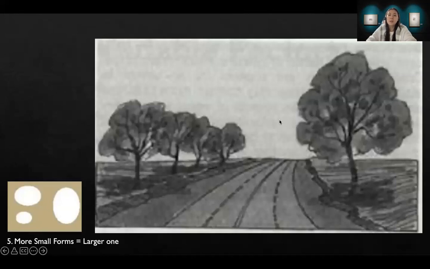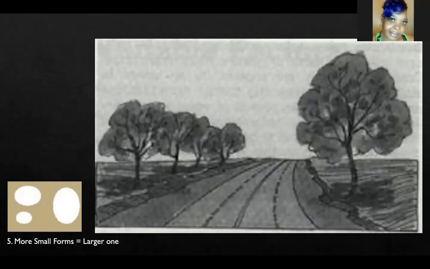So this is a landscape drawing. Most landscape drawings use this kind of asymmetrical balance type. For this landscape drawing, the artist used the fifth asymmetrical balance type, where more small forms can balance a large one.